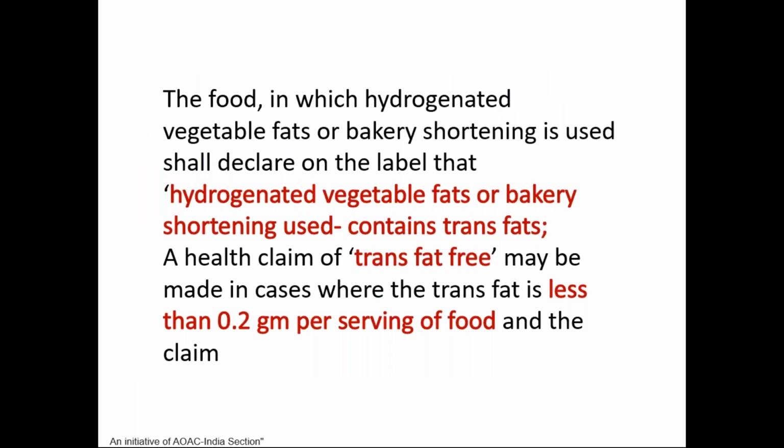Foods in which hydrogenated vegetable fats or bakery shortenings are used must declare that the hydrogenated vegetable fats or bakery shortening used contains trans fat, and they have to put the amount of trans fat. A health claim for trans fat free can be made when it is less than 0.2 grams per serving of the food.